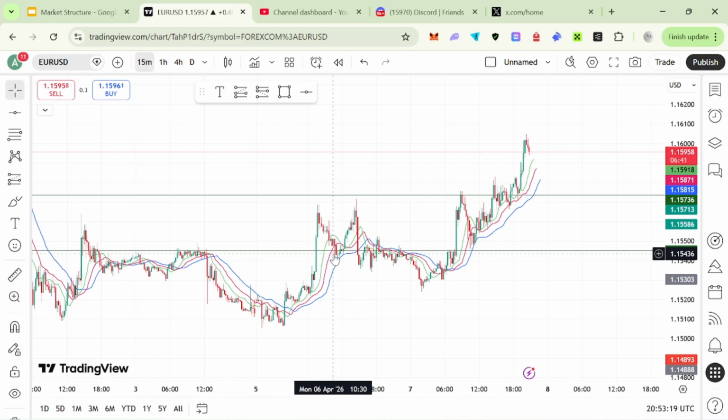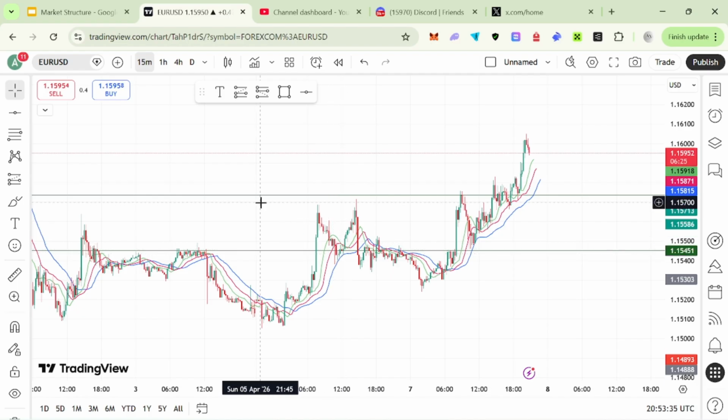So it applies the same way in trading. If all your rules are not met, if all your criteria are not met by the setup, then you should probably ignore it.